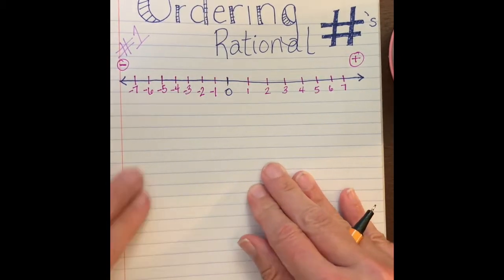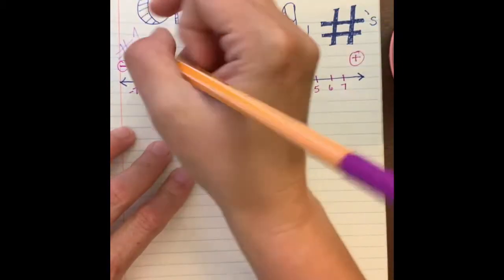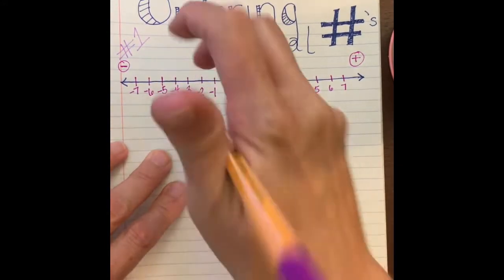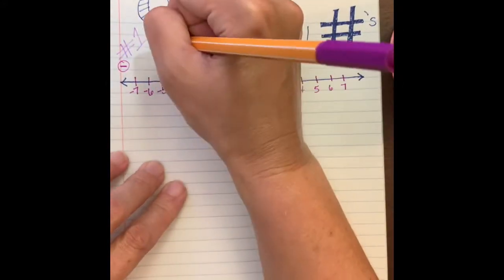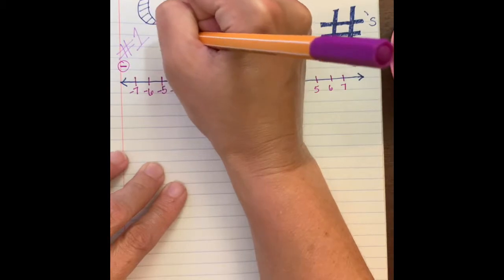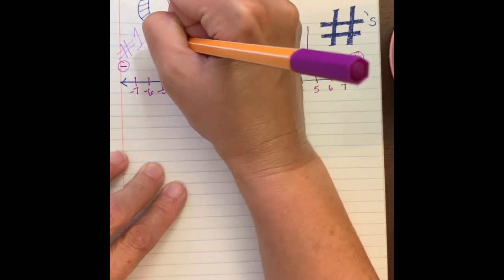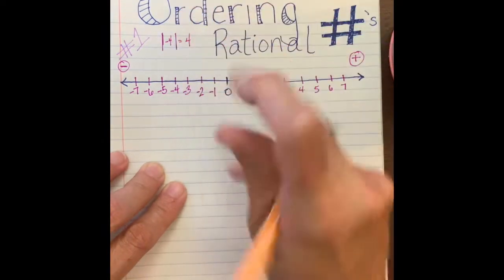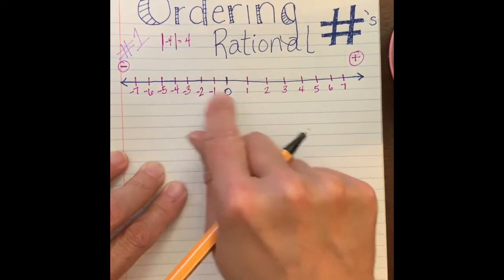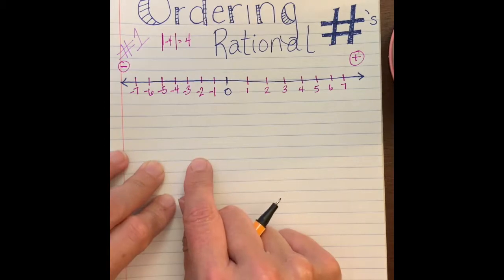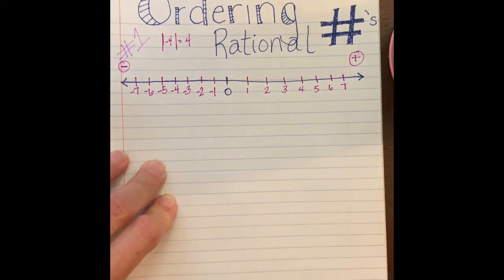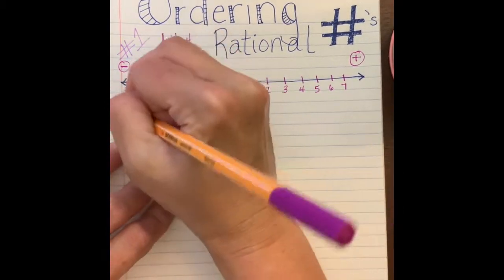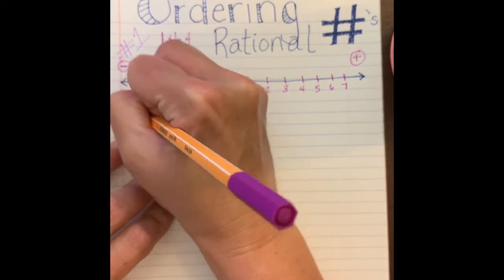So the absolute value, and let's actually just talk about that for a second. Absolute value is written with symbols that look like this. So like the absolute value of negative 4 is 4 because it is 4 spaces away from 0. Absolute value is the distance from 0. So let's go ahead and get that written because I think that's important.